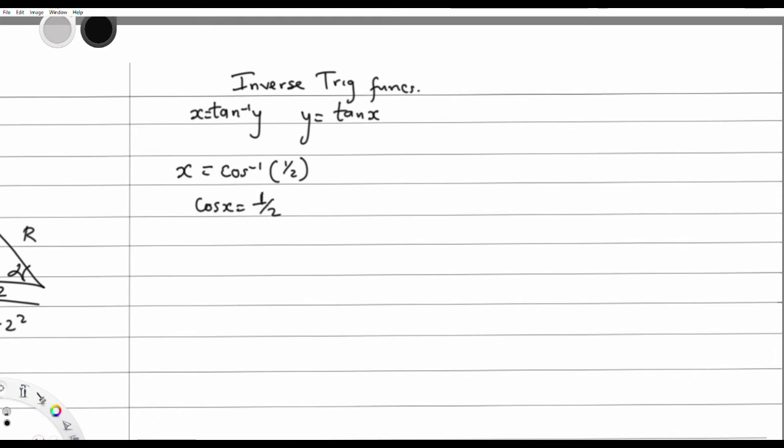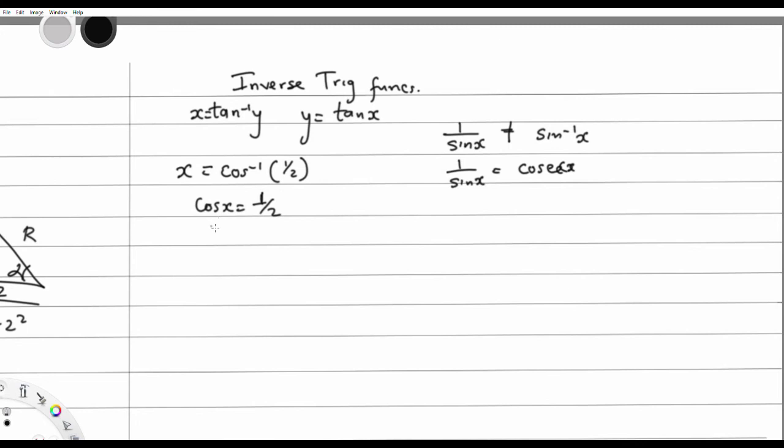That's that. There are quite a number of questions here, and it's important to note that the reciprocal is different from the inverse. If I say 1 over sine x, it is not the inverse, because 1 over sine x is cosec x. So they're not the same.